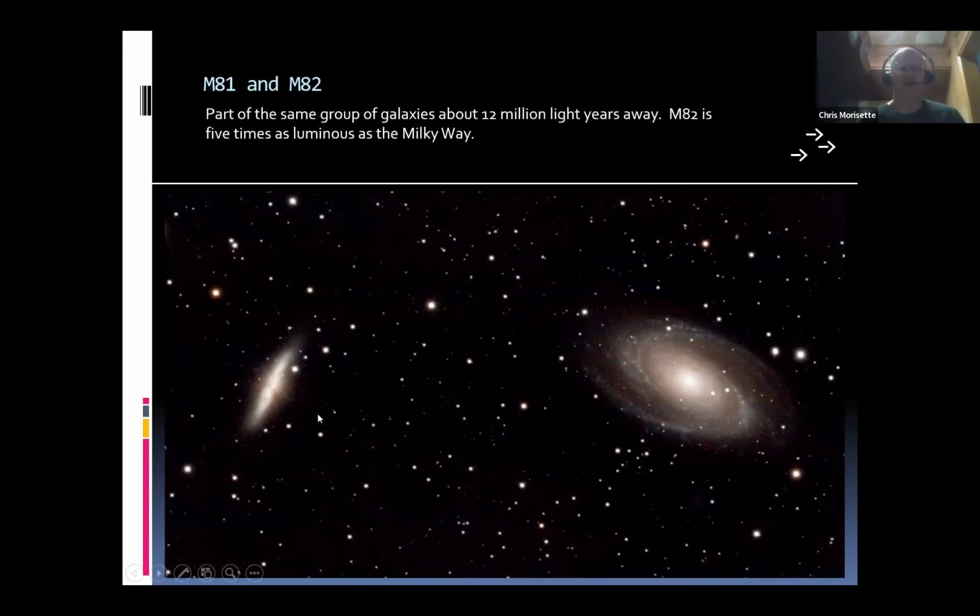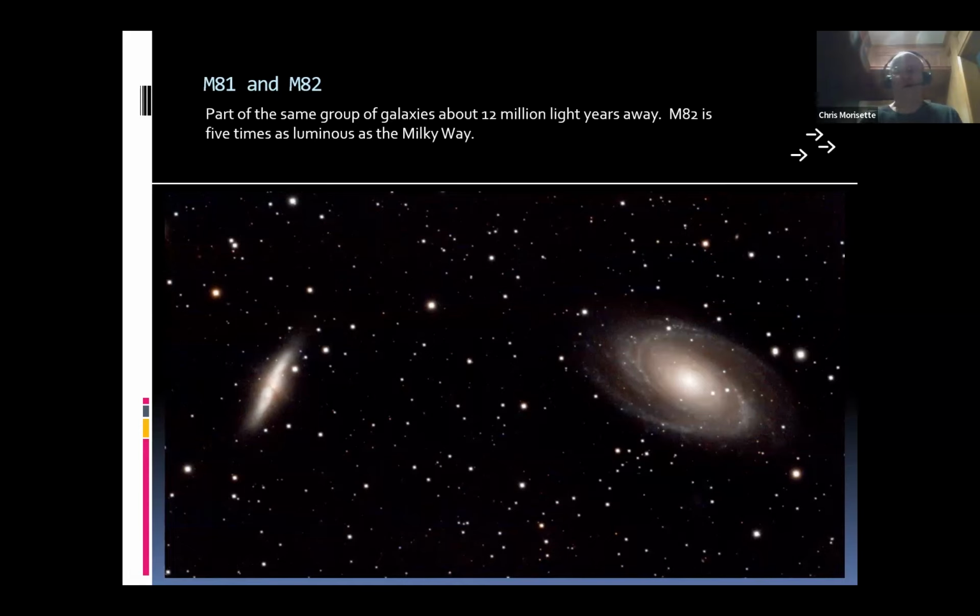That's actually starburst activity. Because of this interaction with M81, you have a gravitational effect acting on the galactic disk of M82, which is creating the starburst effect, resulting in rapid star formation. So again, another effect like we saw with M51, material being pulled in from one galaxy to another.